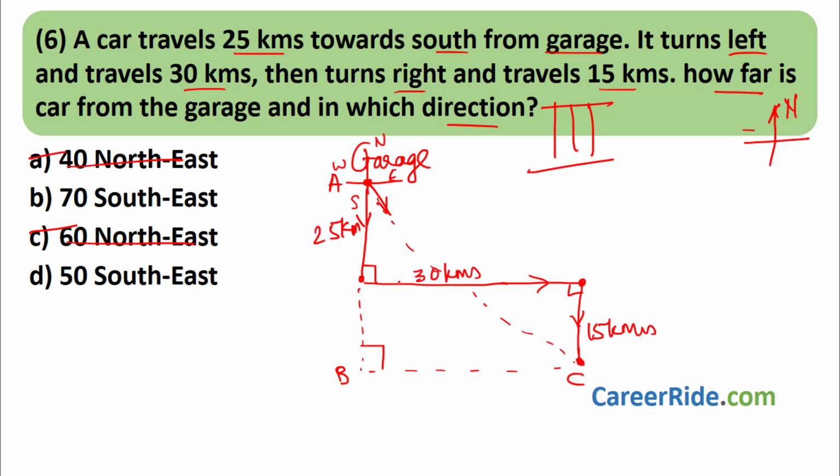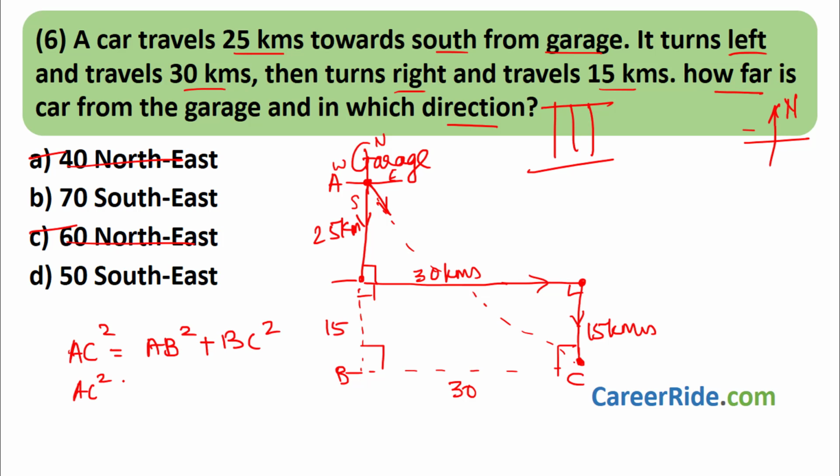Now this we know, this is 90 degrees, this is 90 degrees, this will also be 90, this will also be 90. So this is a rectangle. So if this is 30, this is 30. If this is 15, this is 15. So the entire AB distance is 25 plus 15. BC distance is 30. So in this right angle triangle, hypotenuse square is equal to AB square, that is side square, plus the other side square.